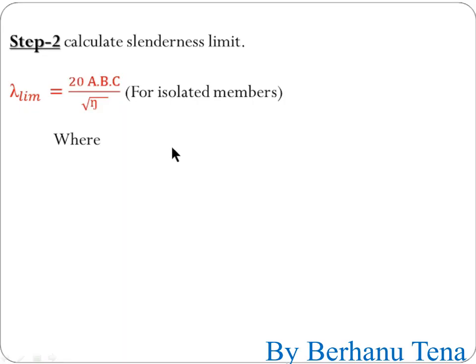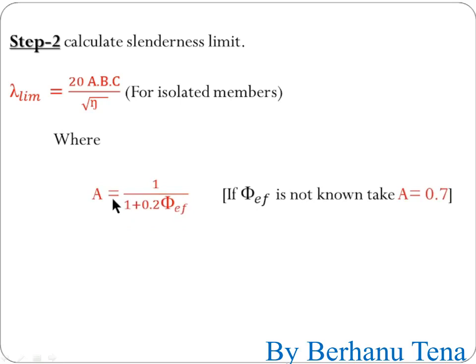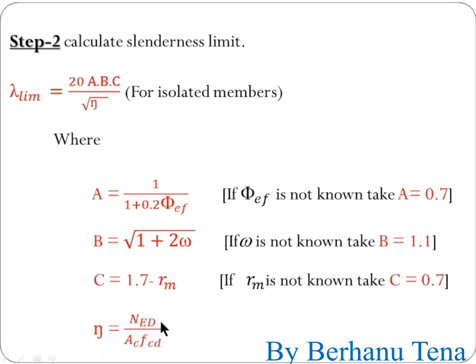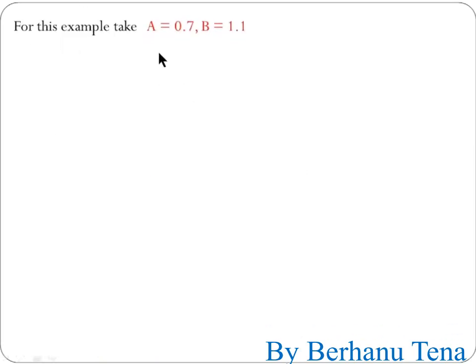As seen in our code, A is calculated by using effective creep, B by the mechanical reinforcement ratio, C by the first order moments, and n by the axial load. For this example, let's take A as 0.7 because effective creep is not given. B is 1.1 because the mechanical reinforcement ratio is not given.